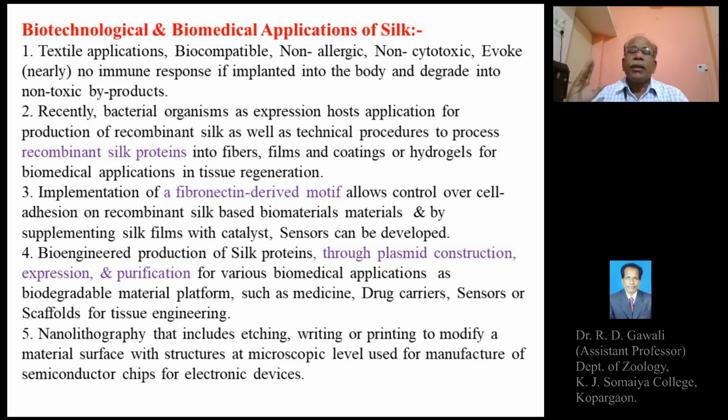Recently the raw silk is used or transformed; there are several biotechnological and biomedical applications of silk. While manufacturing silk, we can manipulate it in various ways. For example, recently bacterial organisms or bacteria are used as the expression host, like plasmids, and their application for the production of recombinant silk.